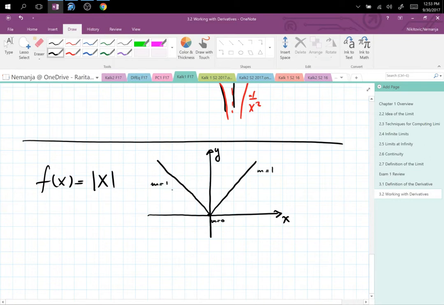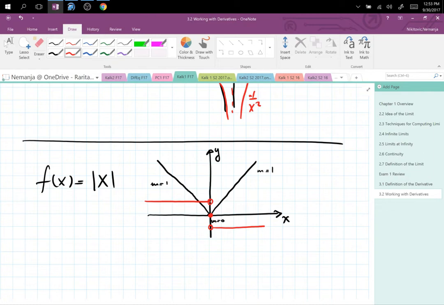So look what happens when you try to draw this. Slope is 1, that's this thing. Slope is 0, that's the dot. And then this one. Do you see how the derivative wants to be both 1 and -1 at the point? The derivative doesn't exist. It's not 0. The derivative does not exist.